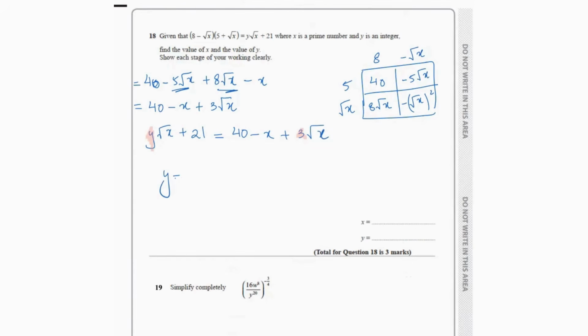So y is equal to 3. And for x, 21 equals 40 minus x, because this is equal to all of this. So x is going to be 40 minus 21, which is 19. So x is 19, y is 3.